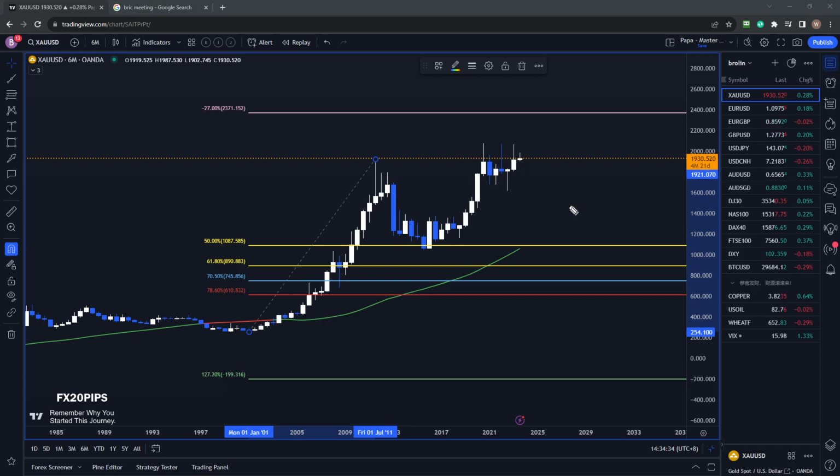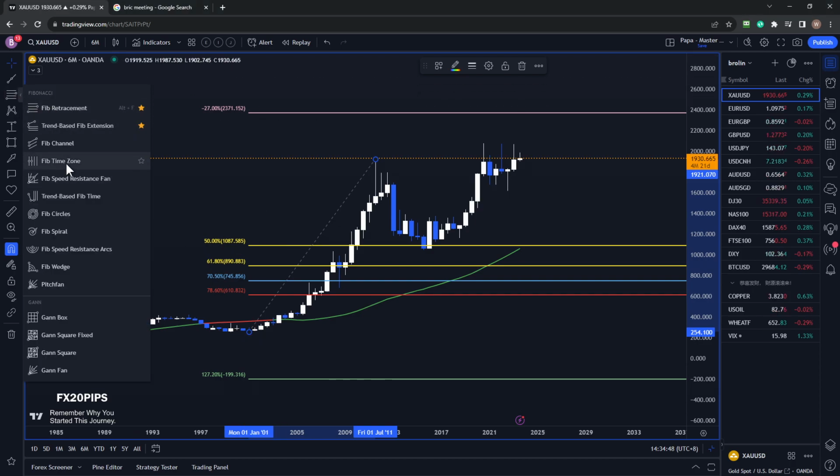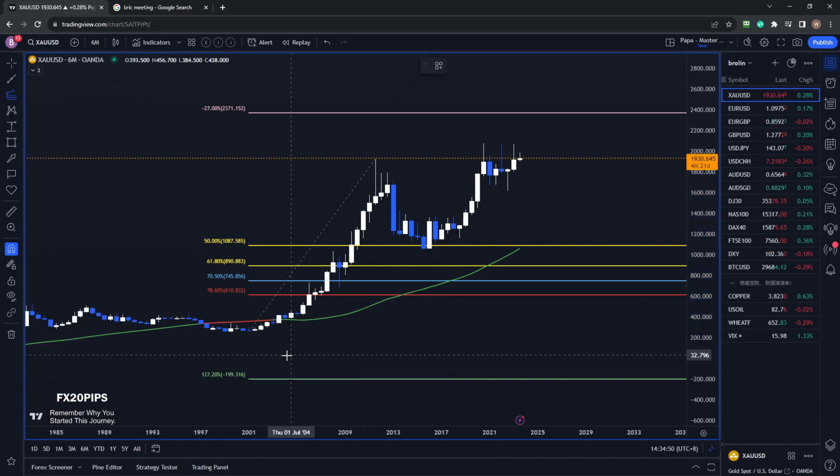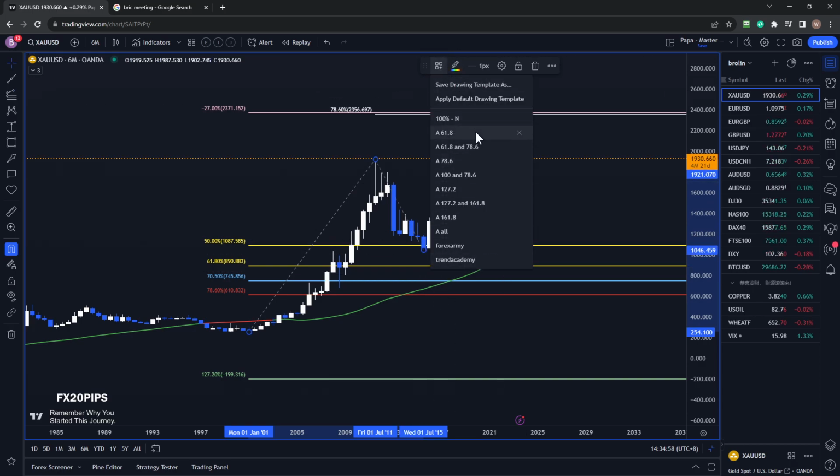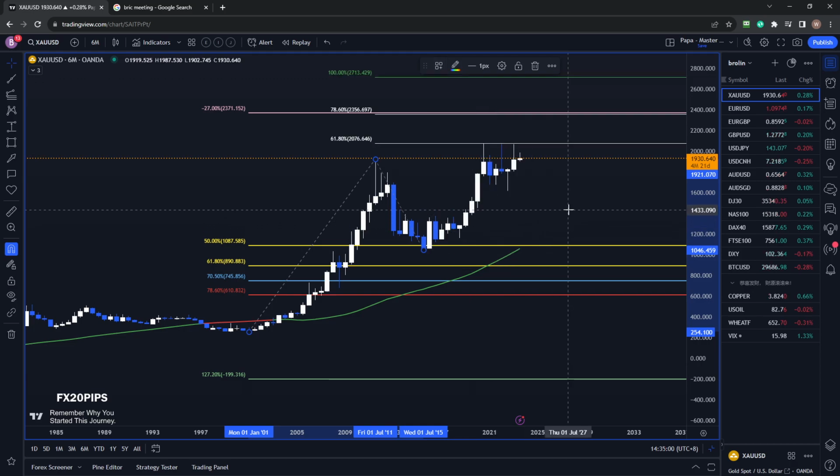Now, I also like to look at the extensions. We have the fib low and fib high, and we know that it bounced off 50%. How about the extension? Let's take a look here. If this is A, B, C, where are all the figures?